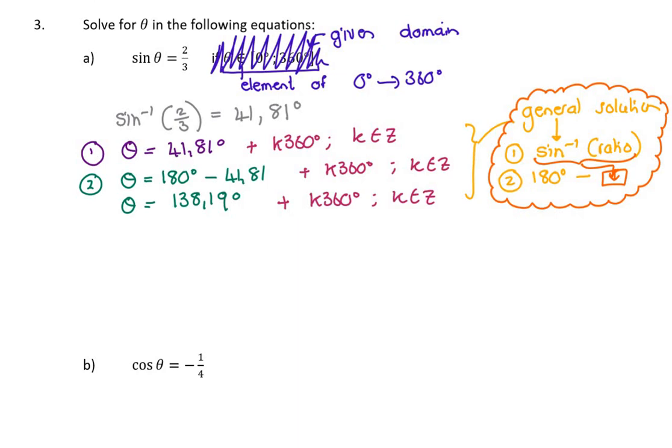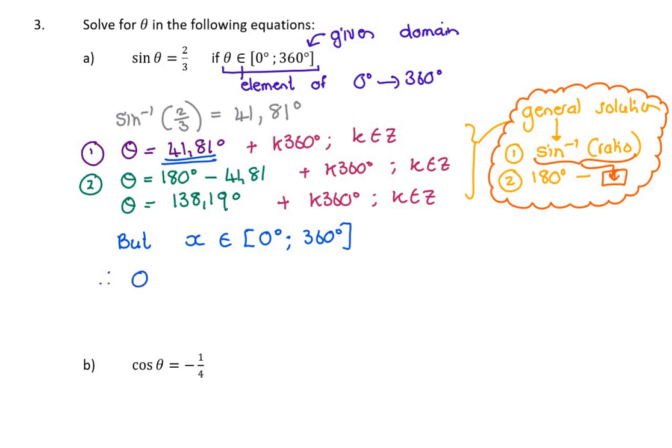Okay, now comes the time where we go, hang on, but I was told that theta had to be in a certain domain. In this particular question, theta had to be between 0 and 360 degrees. So what we do then is we look at the first solution, and we ask ourselves, would 41,81 classify in this range?